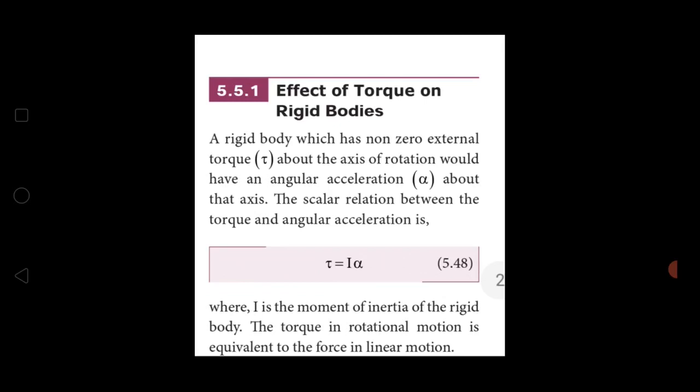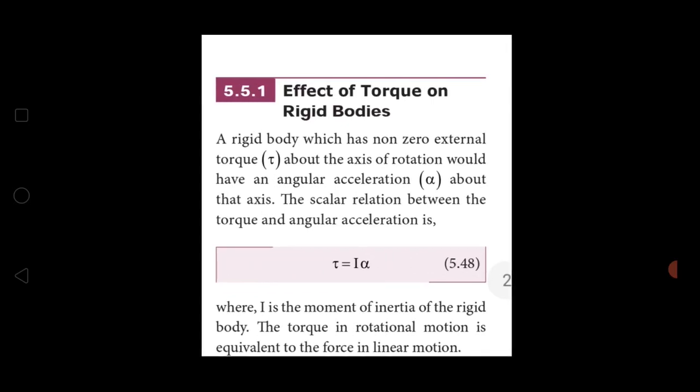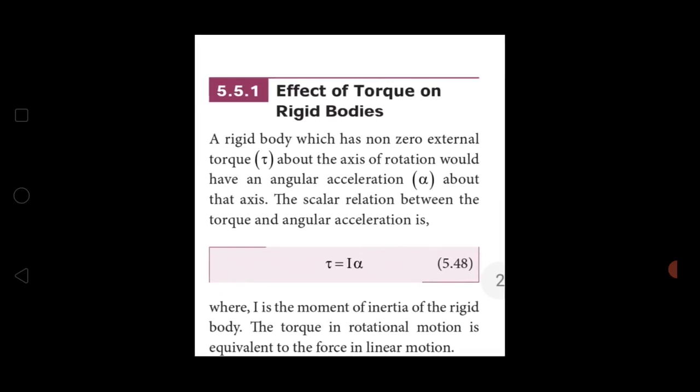A rigid body with a non-zero external torque tau about the axis of rotation could have an angular acceleration alpha about that axis. So the scalar relationship between the torque and angular acceleration is tau is equal to I alpha.